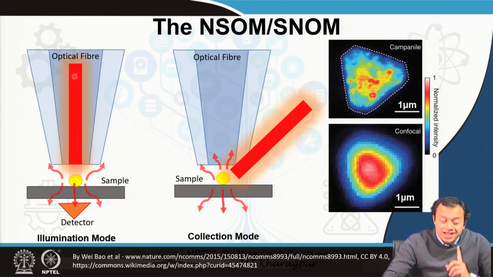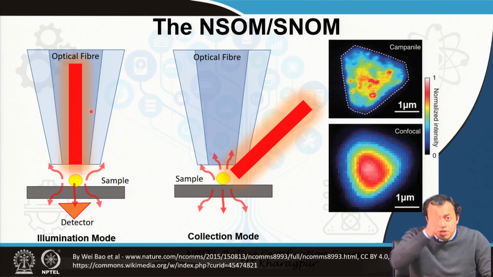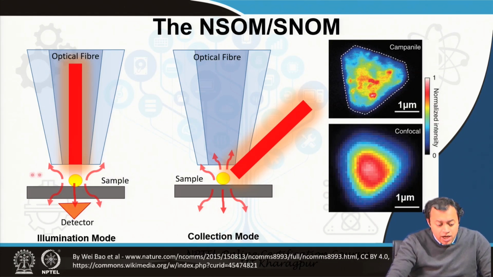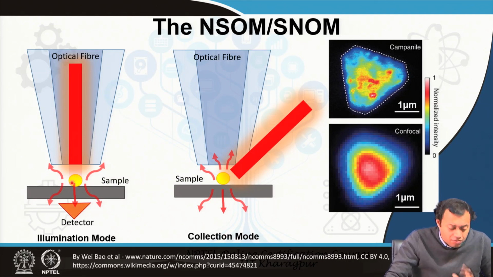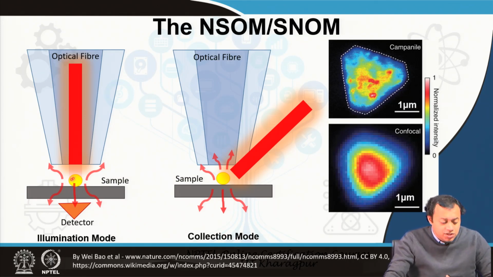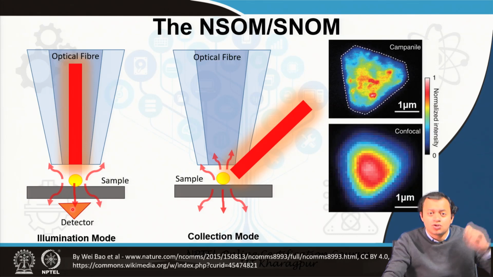You are first tapering the fiber, you are bringing the fiber close within 50 nanometer range of the sample, you are moving the sample stage, or you are moving the optical fiber picometer by picometer in x and y direction, i.e. scanning, and you have an equally sensitive detector that is able to detect any single anomaly, either an electron being transmitted or a photon being scattered, even up to a minimum single photon, single electron level.